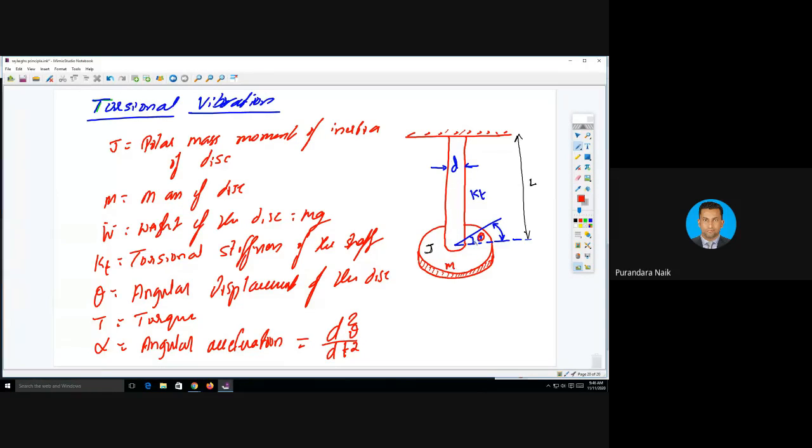The disk is having a mass of m, and the diameter of the shaft is d. Copy the terms also, right?